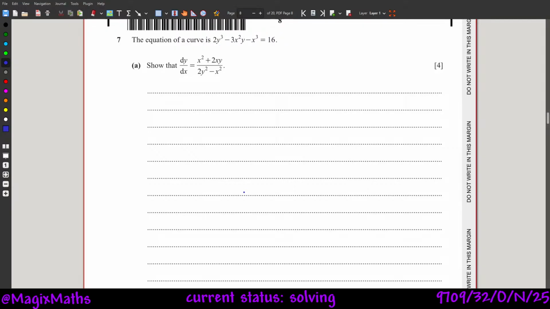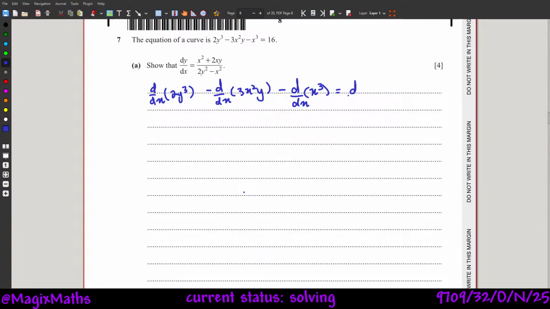So we'll just do d/dx of 2y^3 minus d/dx of 3x squared y equals d/dx of x cubed equals d/dx of 16. So for the first one, this is a function, right?